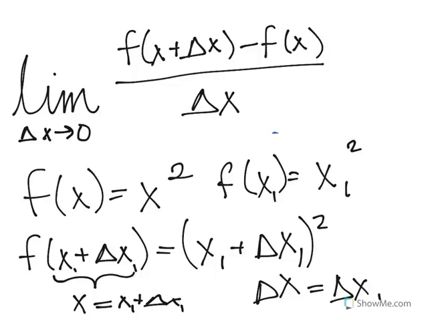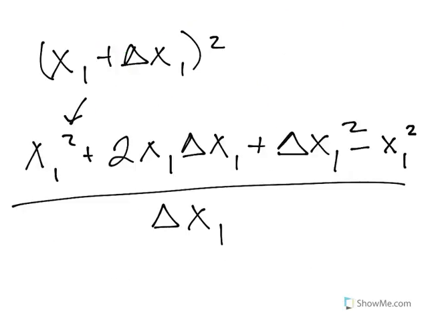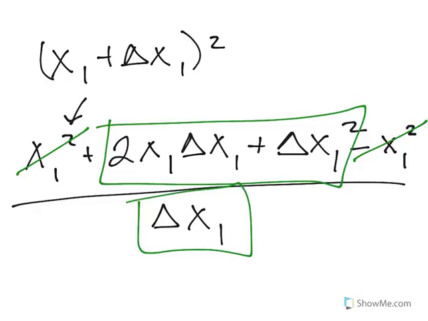So this is just plugging in the values for f of x plus delta x, f of x, and delta x. And so we can cancel out some of the terms. For instance, we can cancel out x1 squared and negative x1 squared. And now we just divide our numerator by our denominator, which is very easy. So we get 2x1 plus delta x.